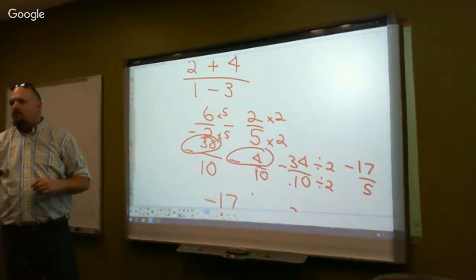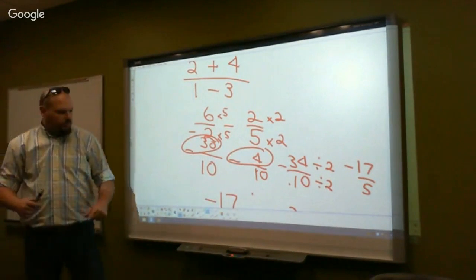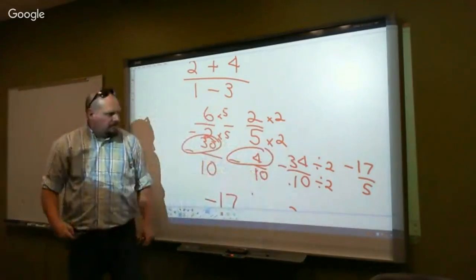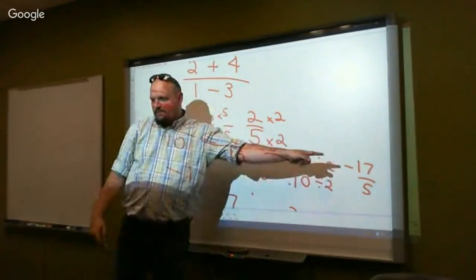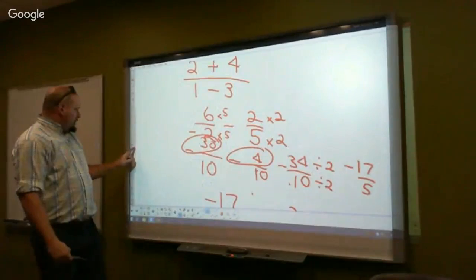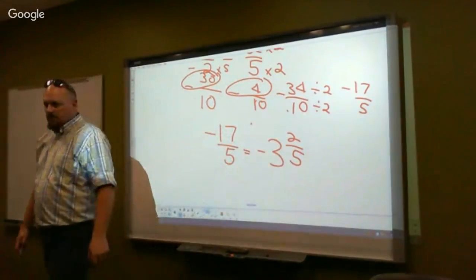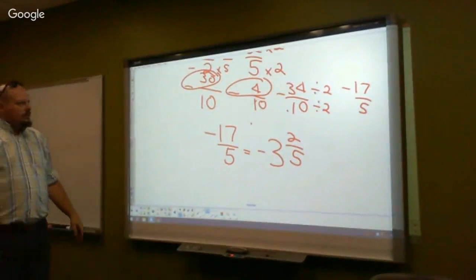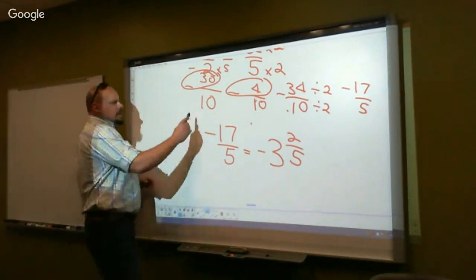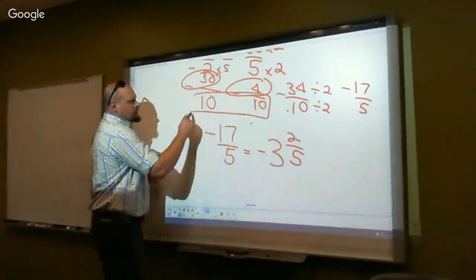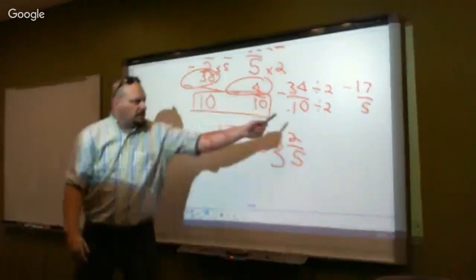We add them and keep the sign the same, which would be negative 34 over 10, which simplifies to negative 17 fifths, which Priscilla told us is negative 3 and 2 fifths. The denominator always stays the same when you subtract them until we simplify.